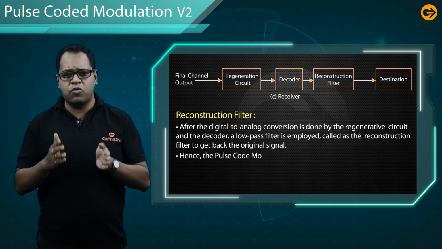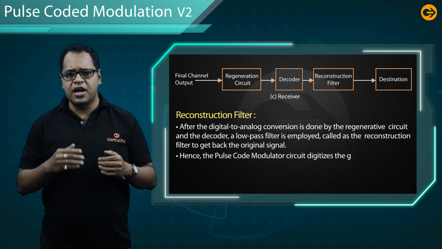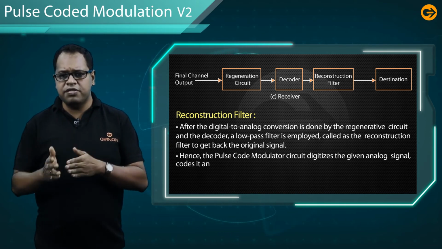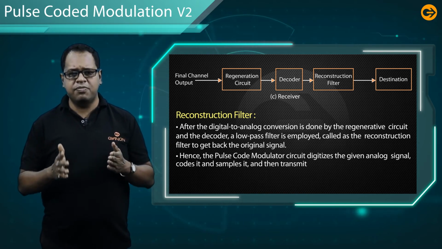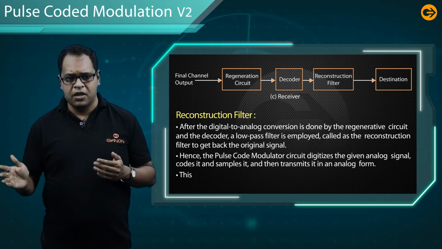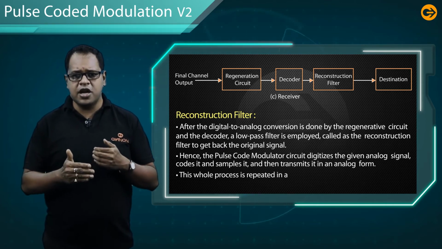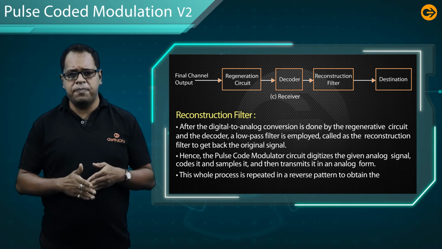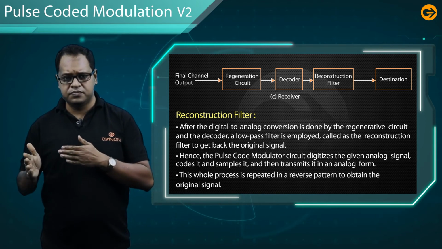Hence, the pulse code modulation circuit digitizes the given analog signal, codes it, samples it and transmits it in digital form. This whole process is repeated in a reverse pattern to obtain the original signal.